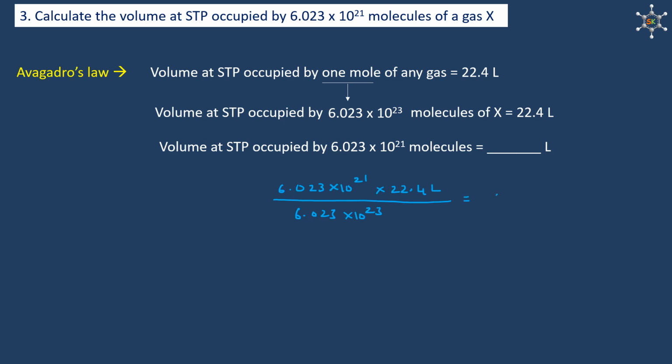This gives us 0.224 liters because Avogadro's constant are pure numbers, they don't have units. 22.4 liters is having the unit of volume, that gets retained as such. So, volume at STP occupied by 6.023 into 10 to the power of 21 molecules is 0.224 liters.